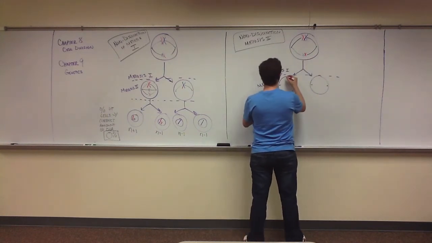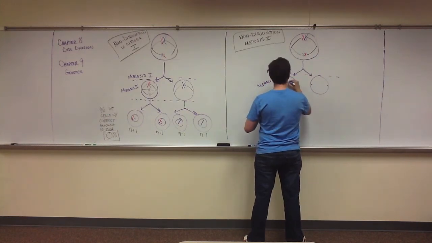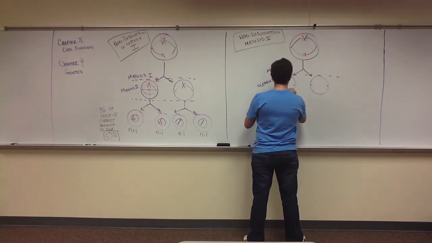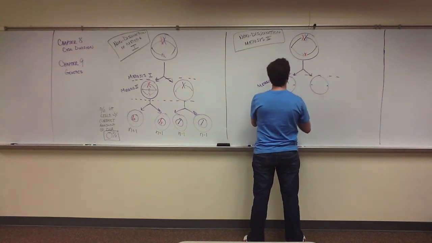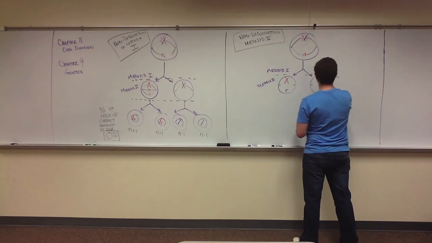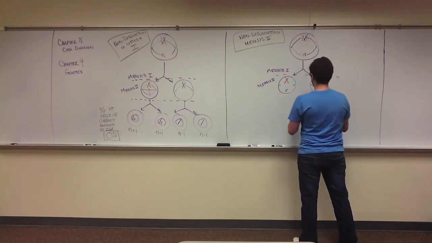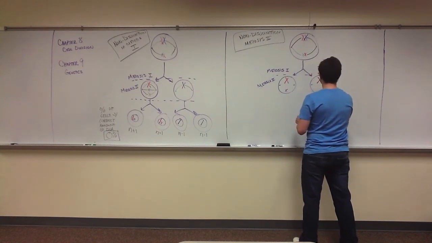So this one here is going to look like this. This one here will look like this. And when I come over here, I'm going to see this. And then over here, I'm going to see this.